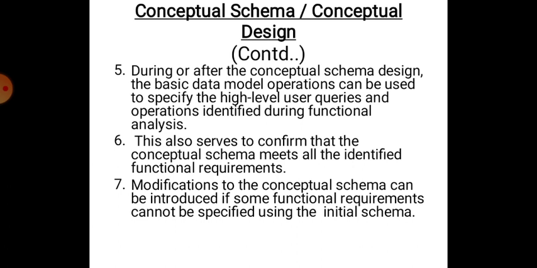Continuing further, during or after the conceptual schema design, the basic data model operations can be used to specify the high level user queries and operations identified during functional analysis. Point number 6. This also serves to confirm that the conceptual schema meets all the identified functional requirements.